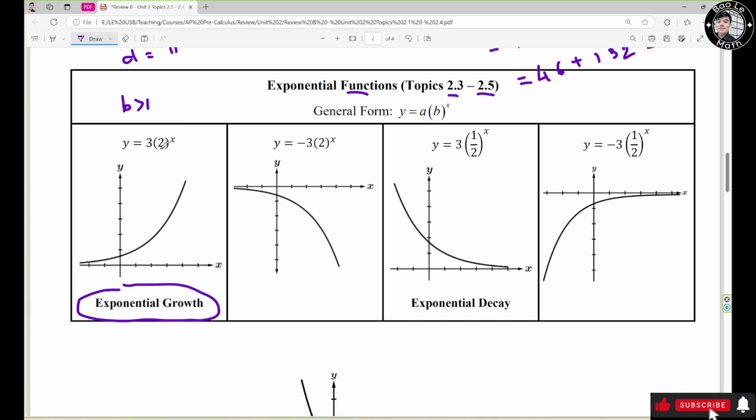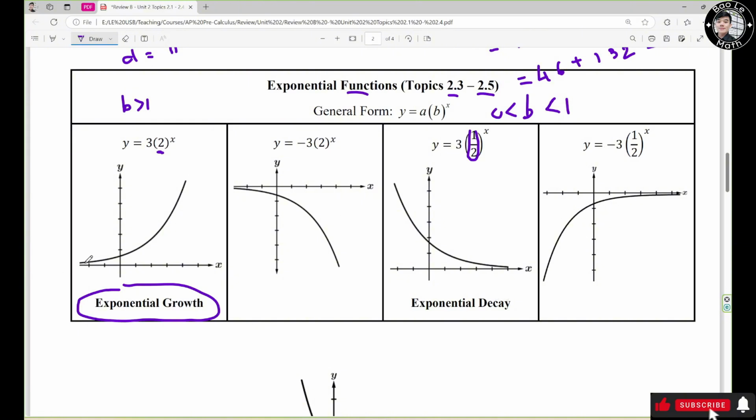If a is negative, there is a reflection about the x-axis. Now this one right here is exponential decay, because b is greater than 0 and less than 1, b equals 1 half right here. If a is negative, there is a reflection about the x-axis, so it could be like this.